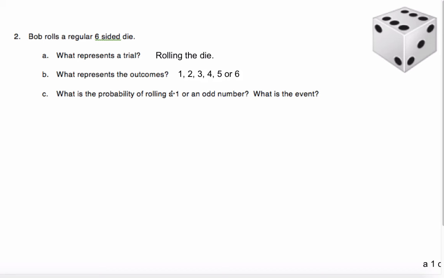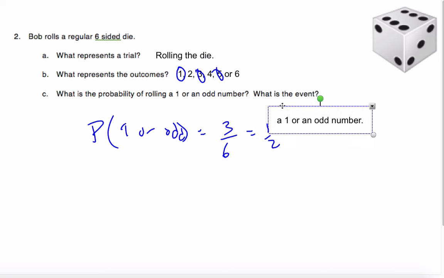Now, what is the probability of a 1 or an odd number? Well, I could have a 1, a 3, or a 5. So the probability of a 1 or an odd number is equal to 3 out of 6, which is 1/2. And what is the event in this case? The event is simply a 1 or an odd number.